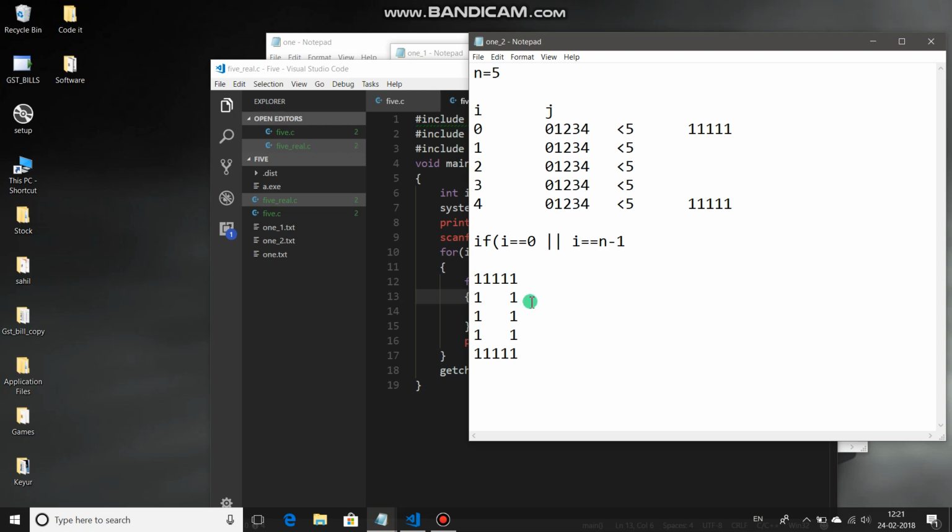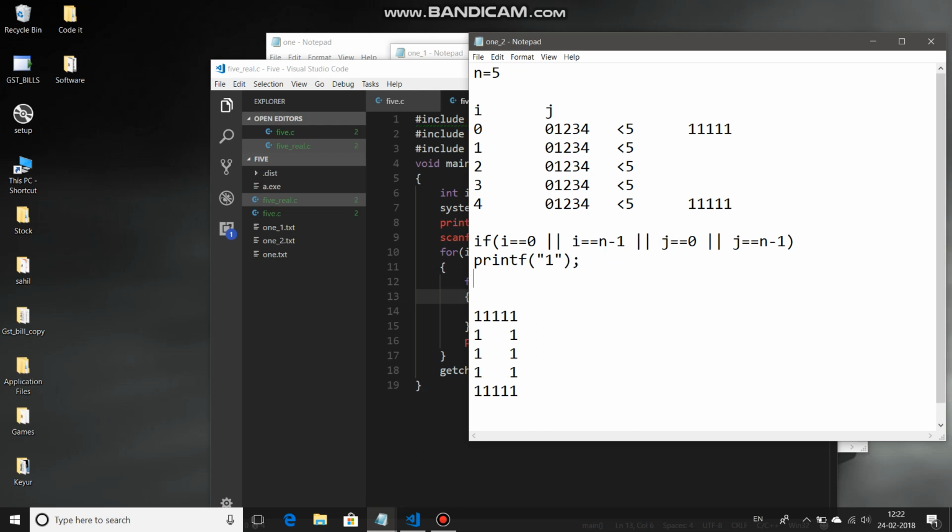So if you try to think about the pattern, you will end up with that all the three 1s are at first position. So when j is equal to 0, we need to print 1 again. Similarly, for j equal to n minus 1, that is j equal to 4, we need to convert it into a 1. So similarly, for j equal to 0 or j equal to n minus 1, just bracket over, and what you need to print is printf 1.